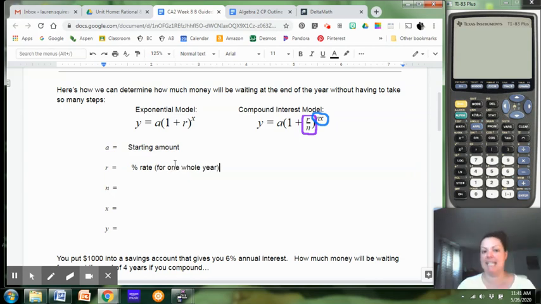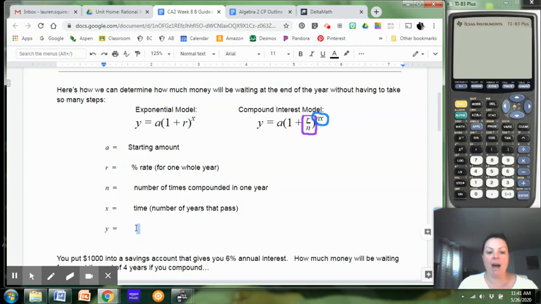Over the course of the year, what is your annual percentage rate, your APR, that you're going to be looking at? N over here is going to stand for the number of times compounded in 1 year. We're going to take a look at a couple of the different adjectives that you might see in a word problem to let you know what number this is supposed to be. X, as it was before, still stands for the time, and in this case, we're talking about the number of years that pass.